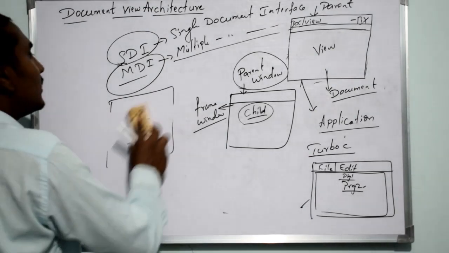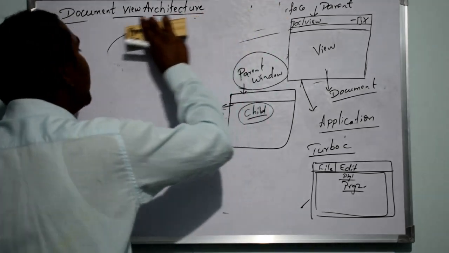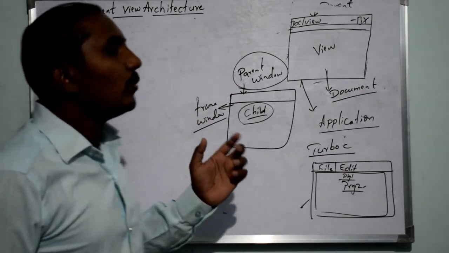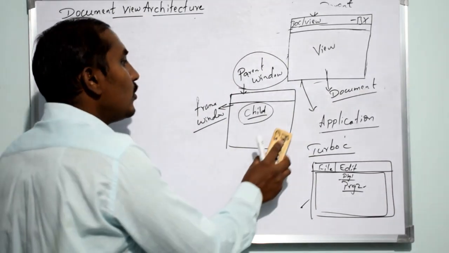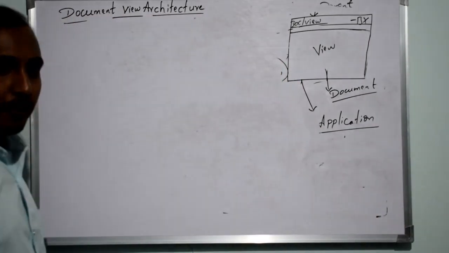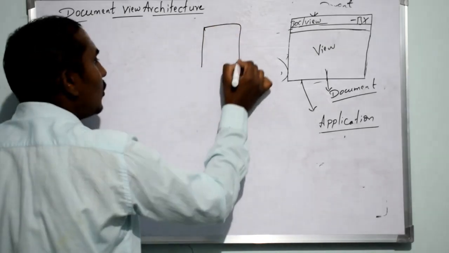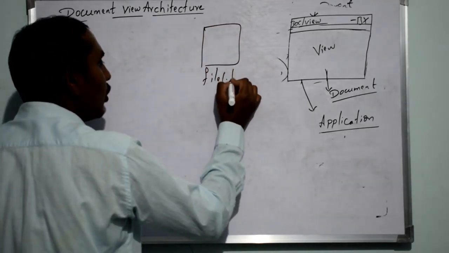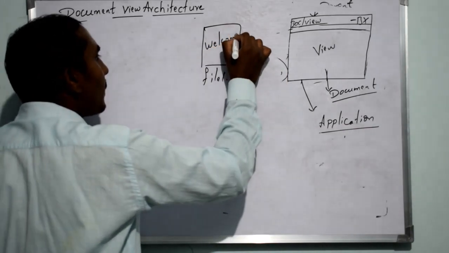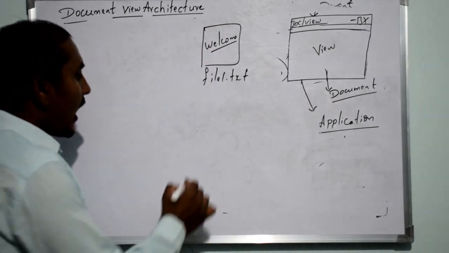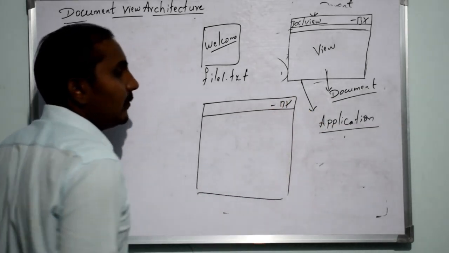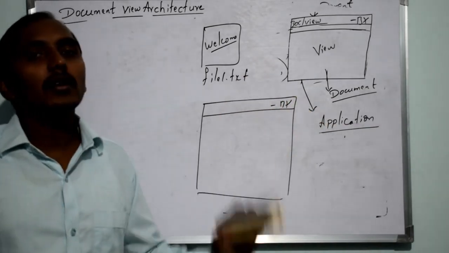Now we'll discuss how information is transmitted between one object and the other. Suppose I have a file called file1.txt, and in that file I have the information welcome.